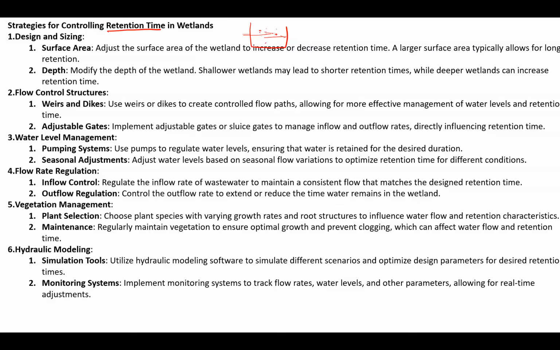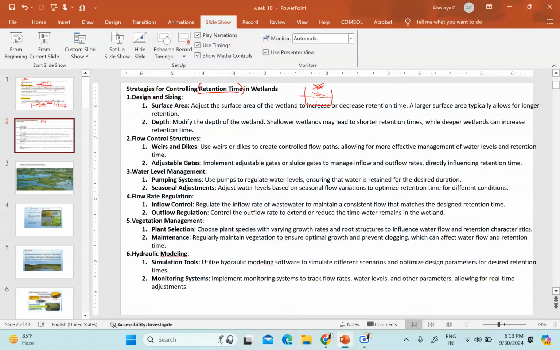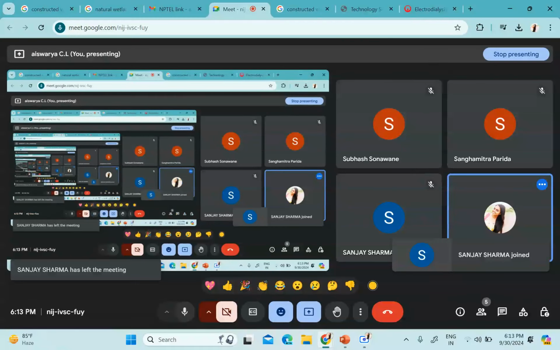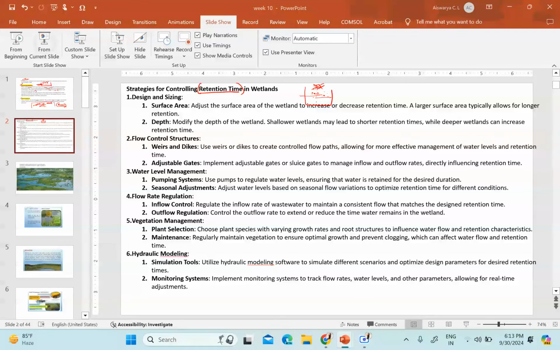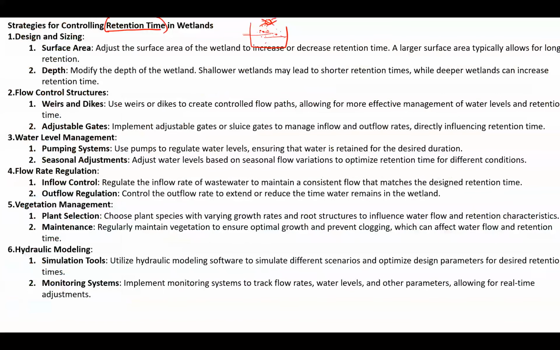We need the wastewater to stay at a particular point in the ecosystem for a longer time, so that the microorganisms get more time to process it. Also there will be sunlight. So retention time is a very important parameter that we have to look into.